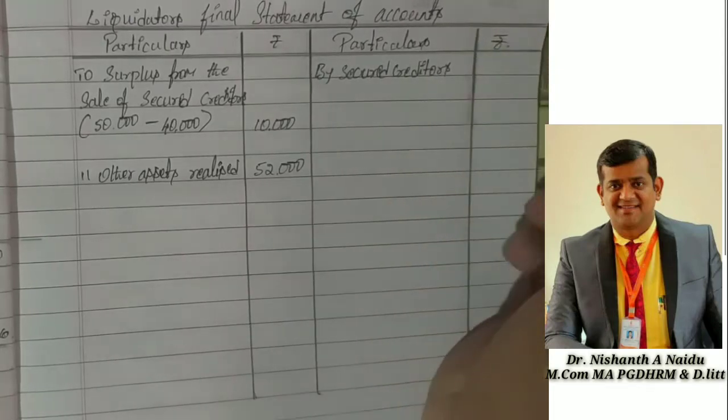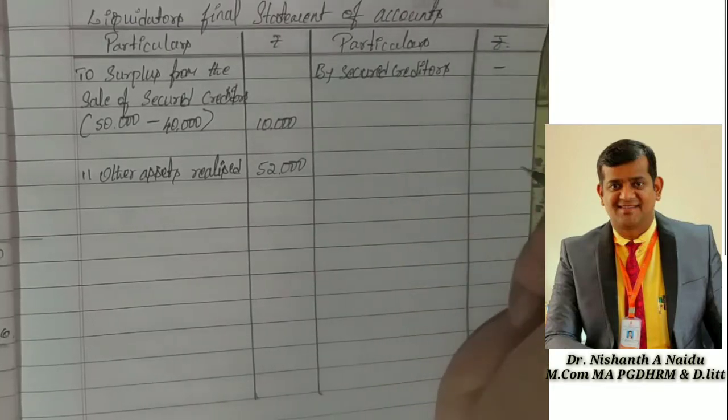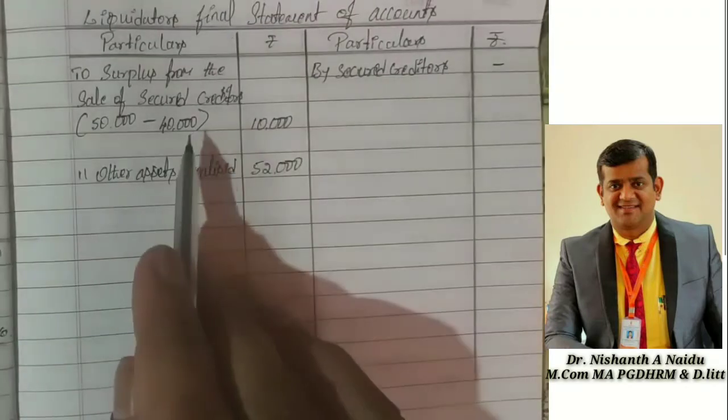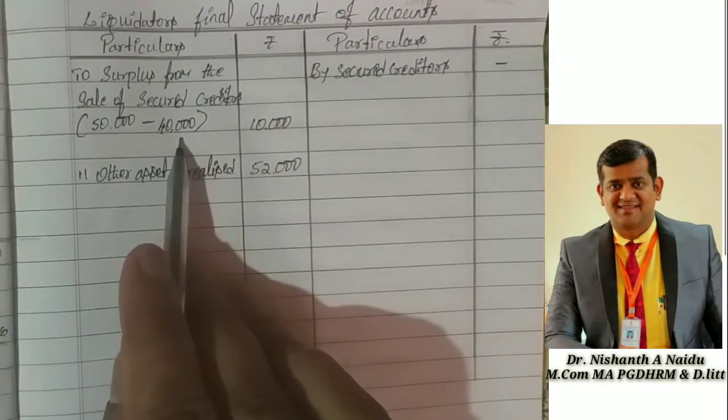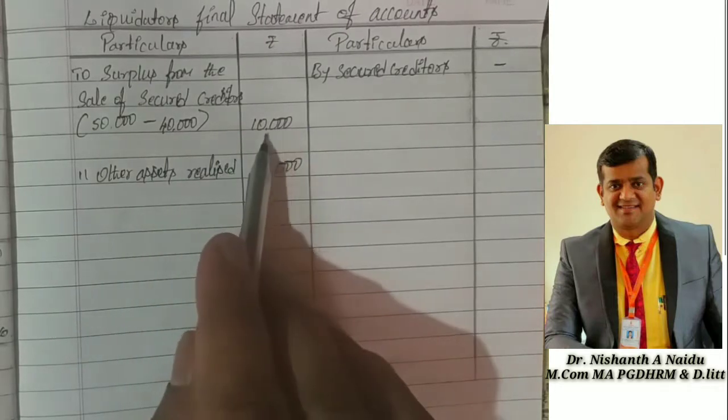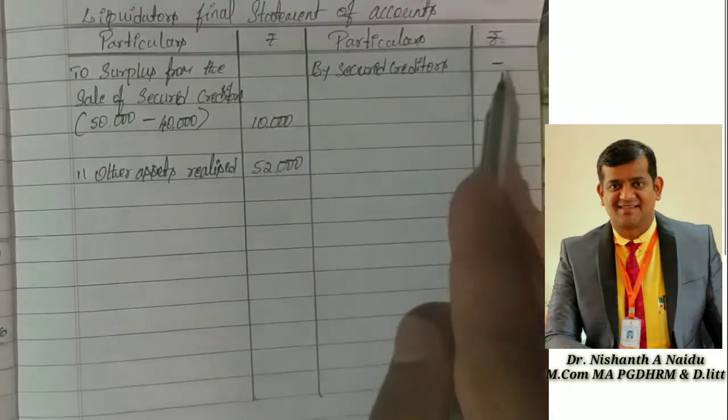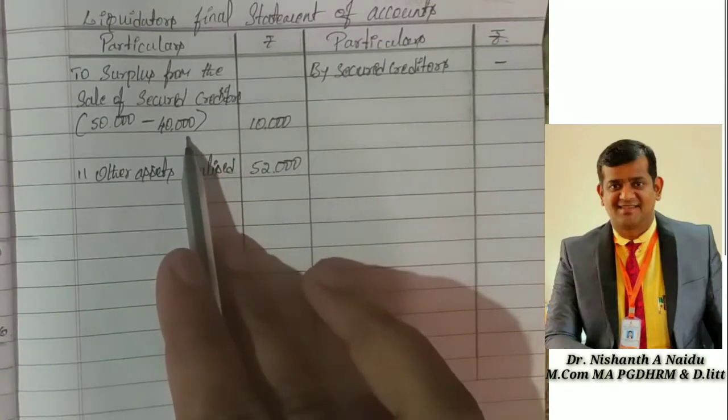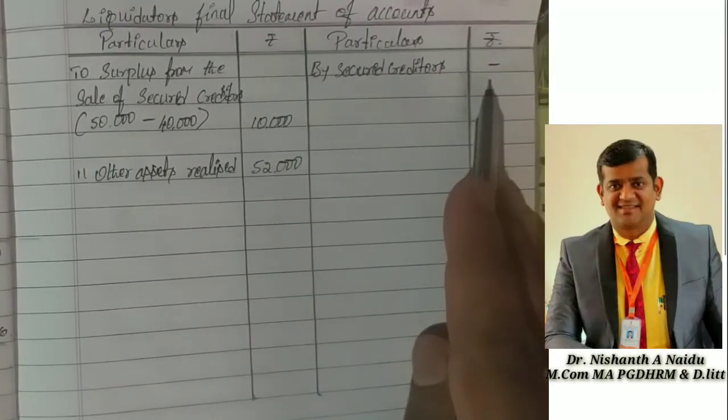So how much for secured creditors? Nil. Why is it nil? Because it was already secured at 40,000 rupees, which I have already settled. After settling, I got 10,000 rupees. So that is why it is nil.